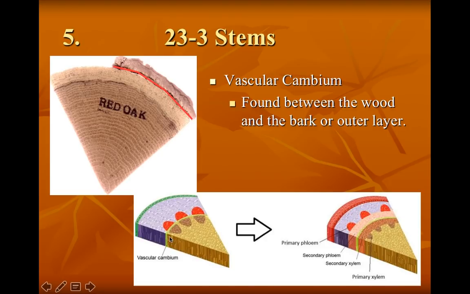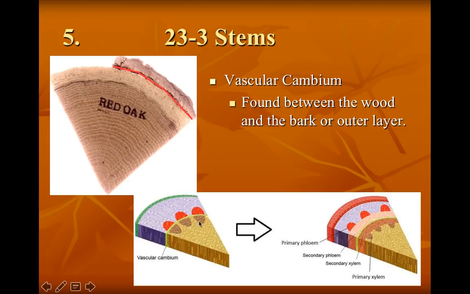is found between the xylem and phloem. I know I don't have it labeled on here, I just realized now, but let's say this is a younger cross-section of a dicot plant. In the darker red would be xylem.